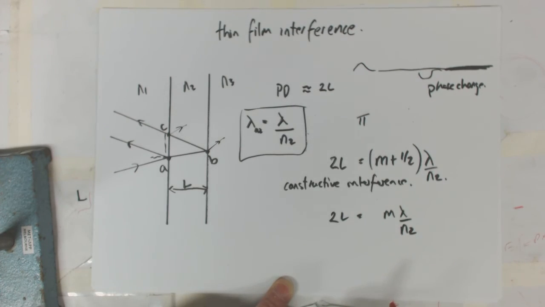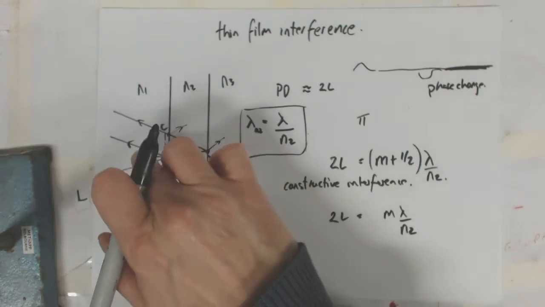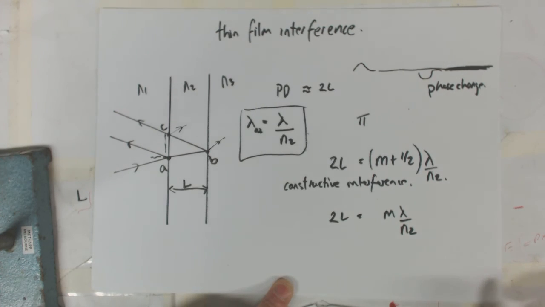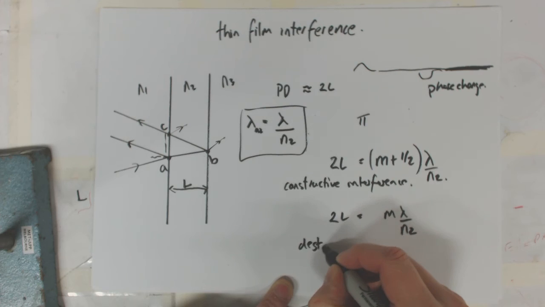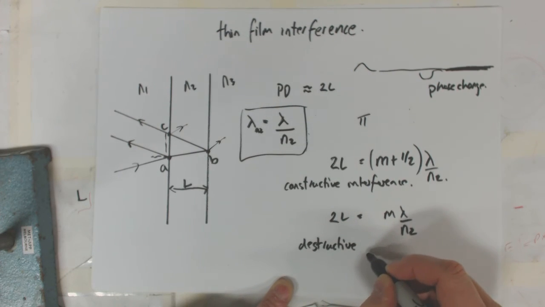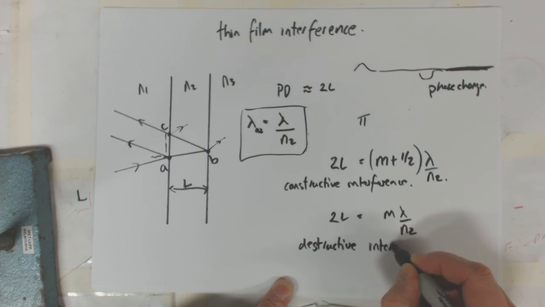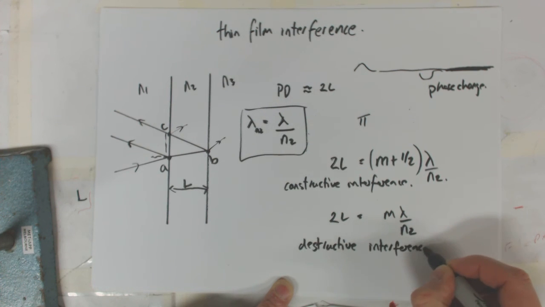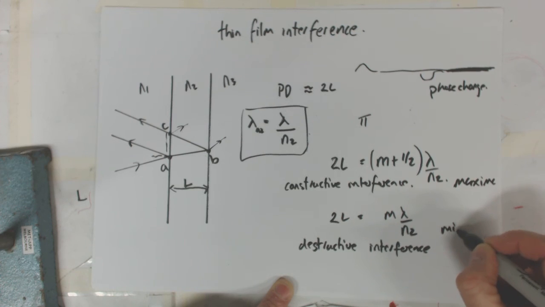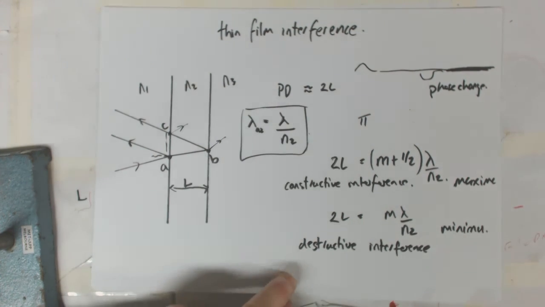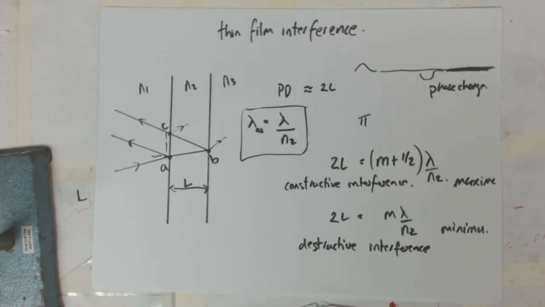That is the normal situation where we'd get constructive interference, but because of the phase change at the reflection, this is where we'd actually get destructive interference, a minima. So that's our maxima, that's our minima. It used to be in the syllabus, not now, but worth knowing about.